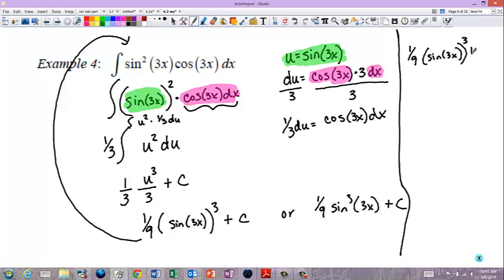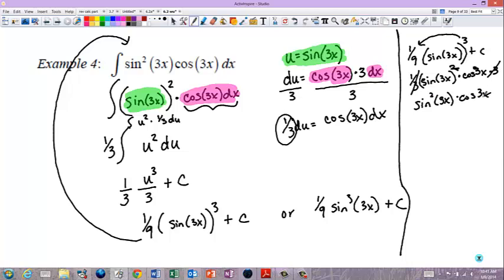So if I multiply my 3 to the 1/9, I get a third, times, leave the inside alone, squared, times the derivative of the inside, cosine of 3x, times the derivative of the inside, 3, and then derivative of c is 0. And the 1/3 cancels the 3. That's why you have to have the 1/3 to give you sine squared of 3x times cosine of 3x, which is that right there. So I know I'm right.